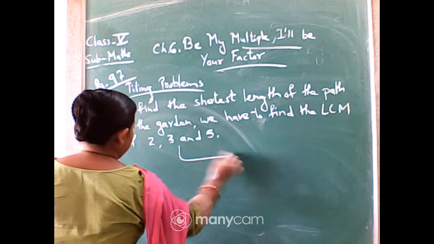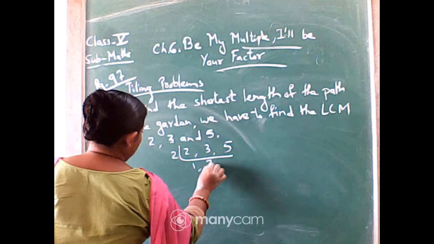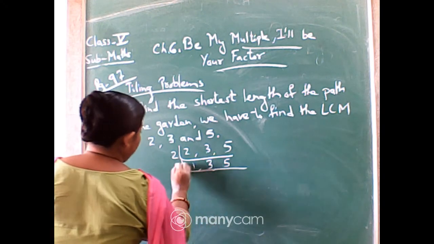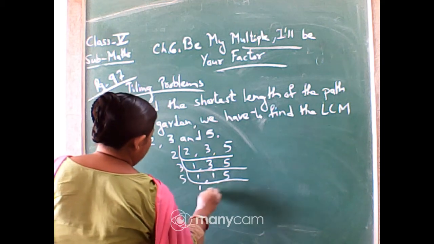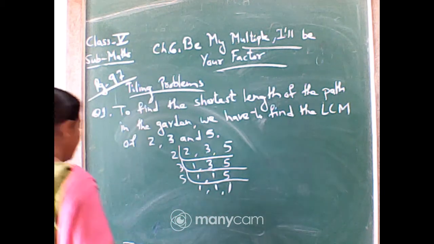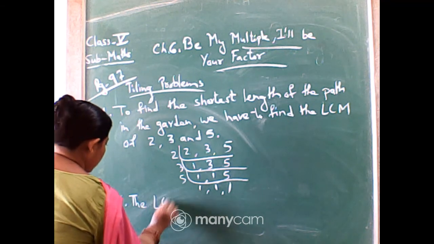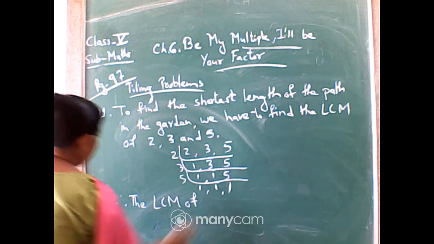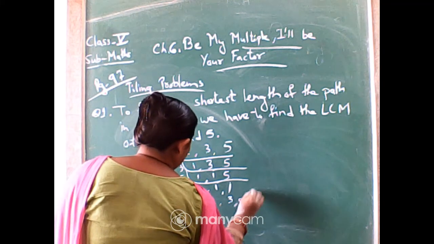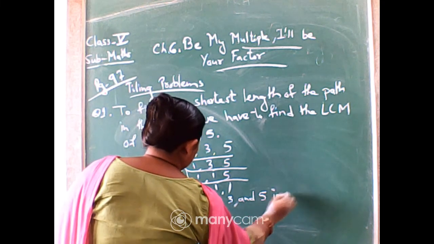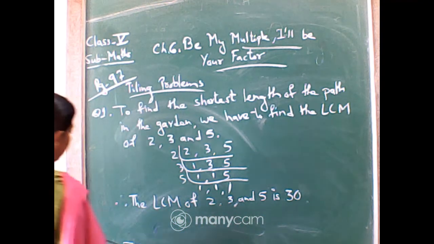So find it. 2, 3, 5. By 2's are 1, 3 and 5. Now by 3's are 1, 1 and 5. Now by 5's are 1, 1 and 1. Therefore, the LCM of 2, 3 and 5 is 30, isn't it?